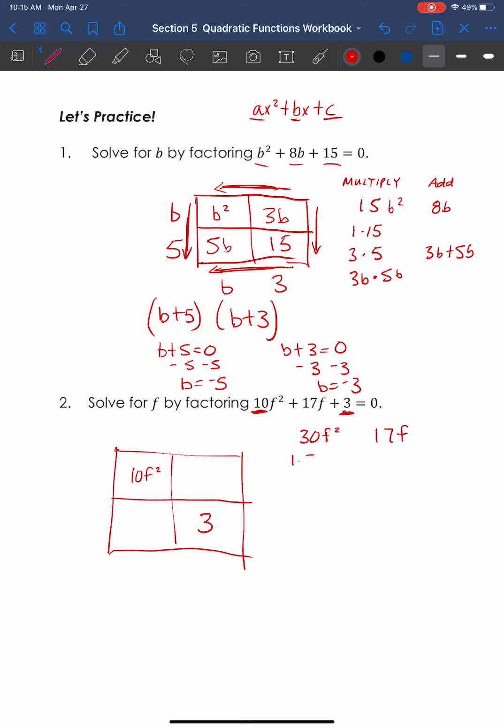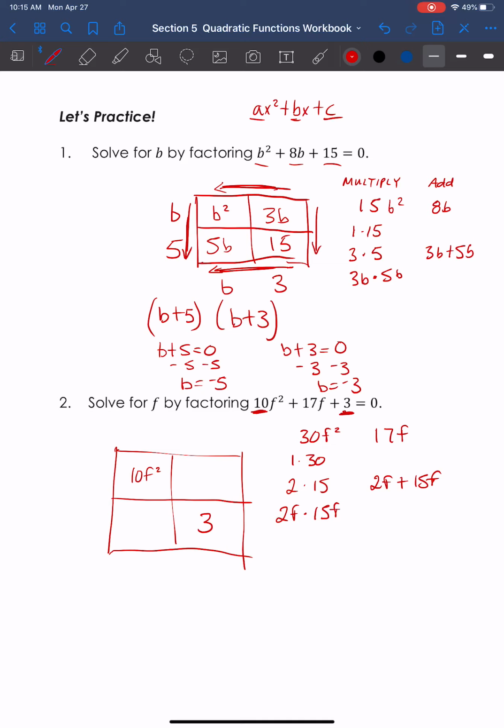1 times 30 will not give us 17 if we add it. If I do 2 times 15, that would work. 2f plus 15f gives me 17f, and 2f times 15f gives me 30f squared.